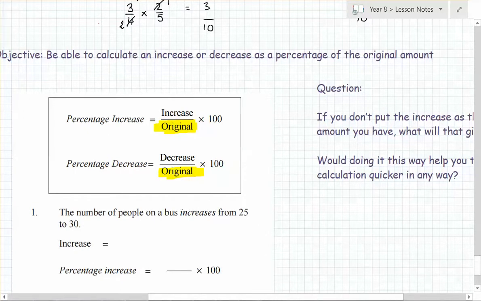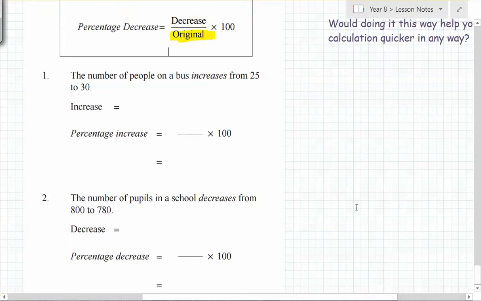Right? So if we were to have a look at these couple of questions then. The number of people on a bus increases from 25 to 30. So the increase therefore is 5, right? So we would do 30 minus 25, easy enough. So how do we work out the percentage increase, Daniel?